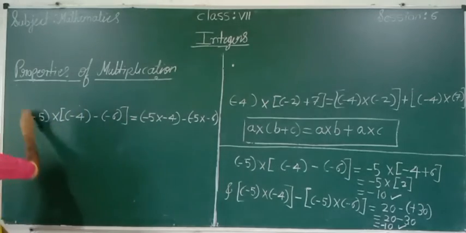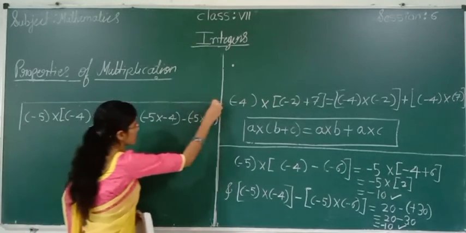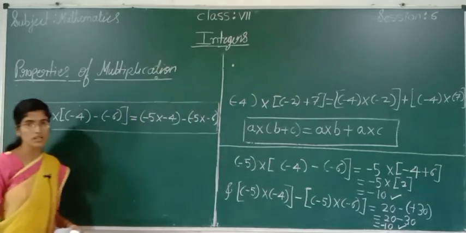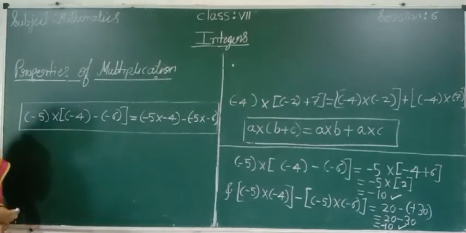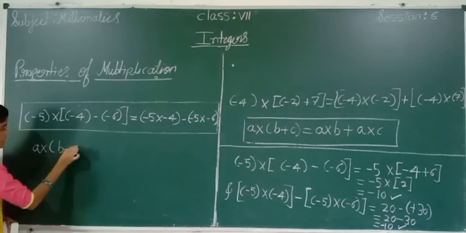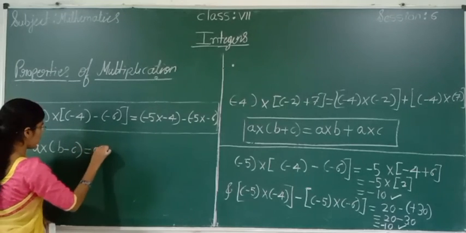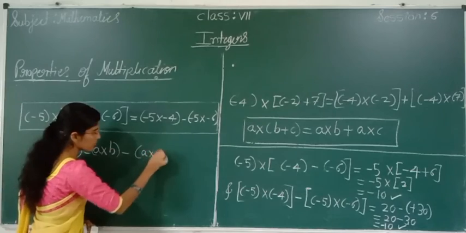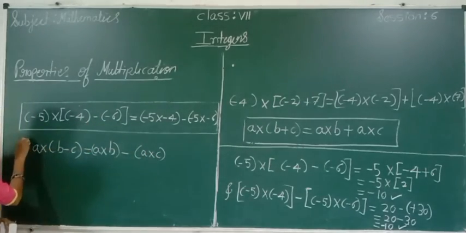In general, if a, b, c are three integers, a into b minus c is equal to a into b minus a into c. See, in general we can tell this.